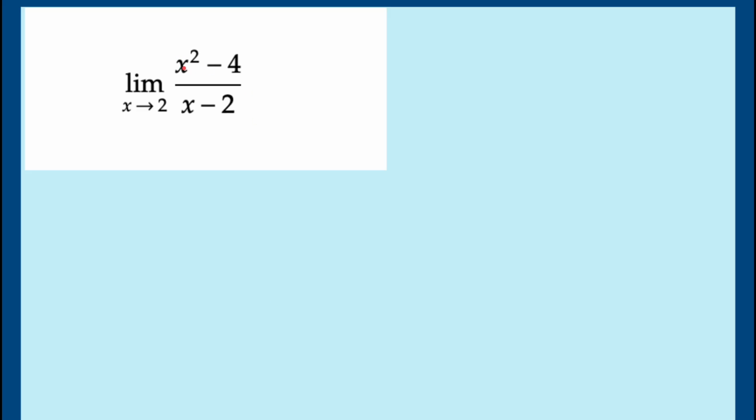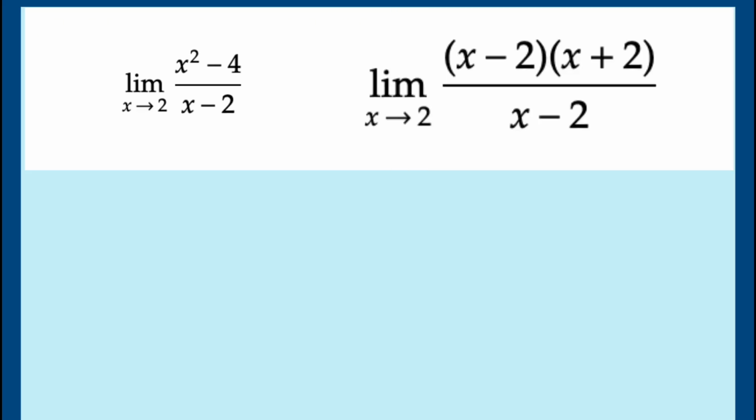So I have x squared minus 4. So I just need to think about what two numbers multiply up to -4 and add up to 0. So that would be -2 and +2. So now I'm going to rewrite the limit statement as the limit as x approaches 2 of (x minus 2) times (x plus 2), all divided by x minus 2.